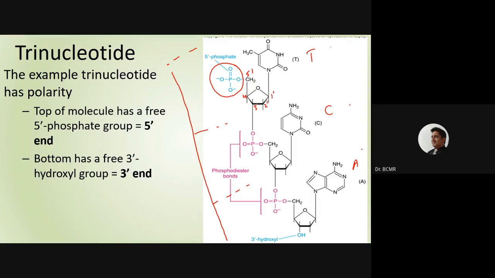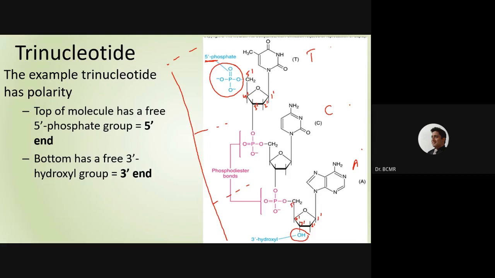I have to always put this prime, right? One end of the nucleic acid shown here has a free 5' phosphate group. That is, there is a phosphate group at the end of this carbon. And the other end has a 3' OH. This would have been 1', 2', 3', 4', and 5'.